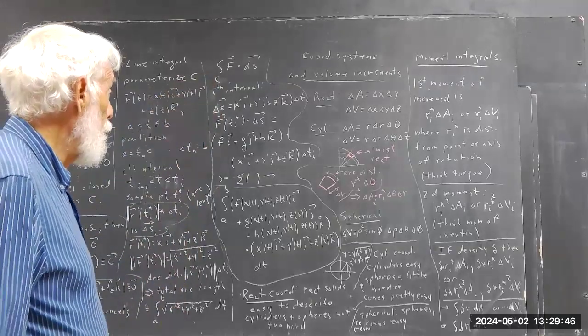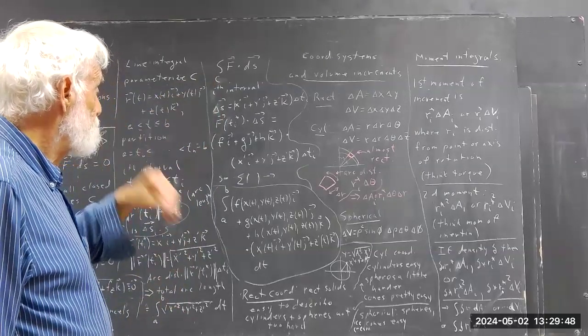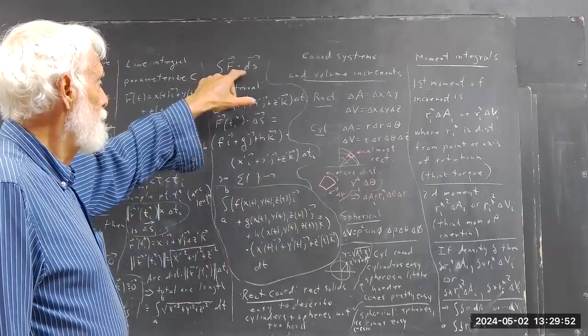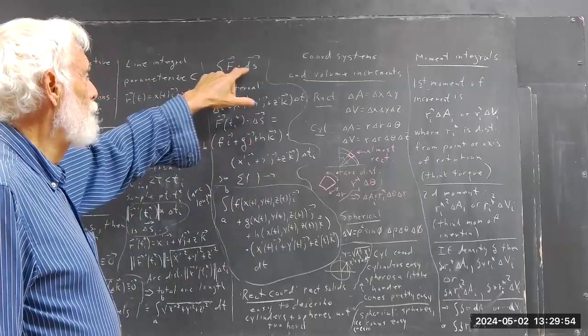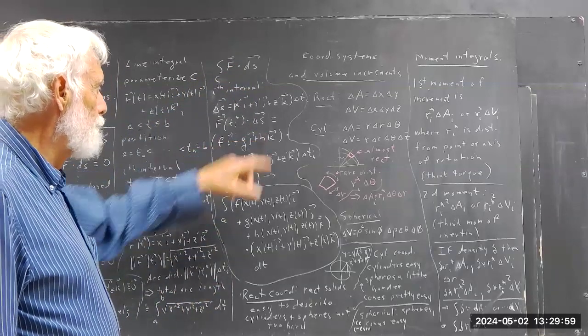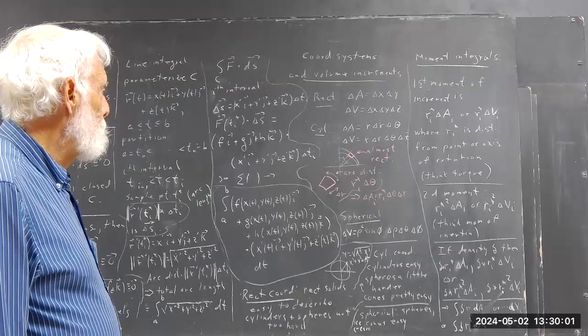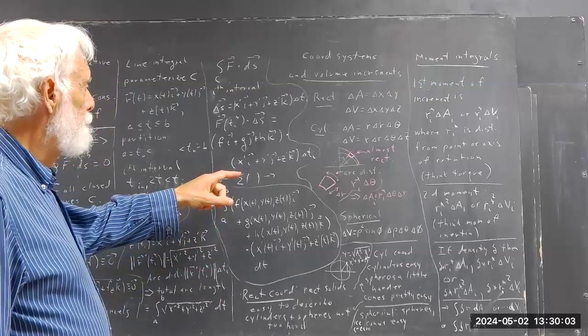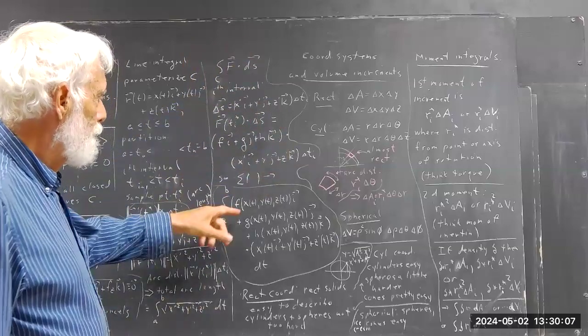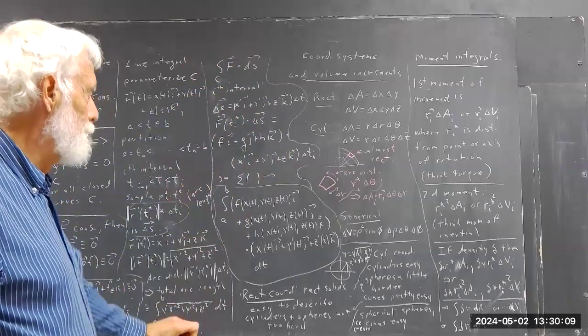Make sure you understand why. And this is your f of t_i star dot delta s, which is the discrete form of what you're going to be integrating. It's like f i plus g j plus h k dotted with x prime i plus y prime j plus z prime k. You get this mess.